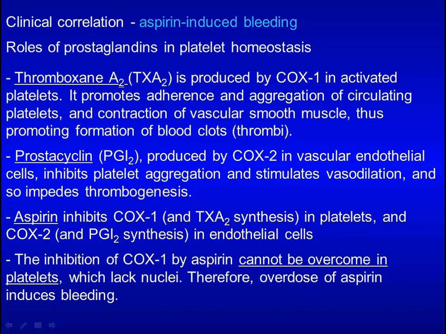Although synthesis of both thromboxane A2 and prostacyclin is blocked by aspirin, the inhibition of COX-1 by aspirin cannot be overcome in platelets, which don't have nuclei. Therefore, overdose of aspirin induces bleeding.